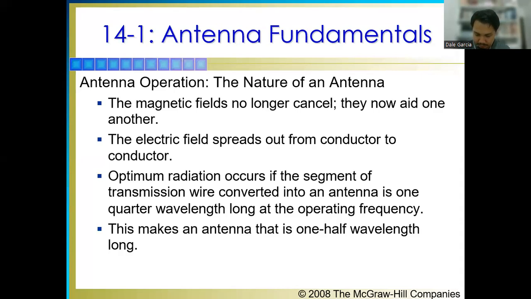Right, 2.4 gigahertz. What is its wavelength? Speed of light divided by 2.4 times 10^9. So 0.12 meters, divided by 4 is 0.03 meters.